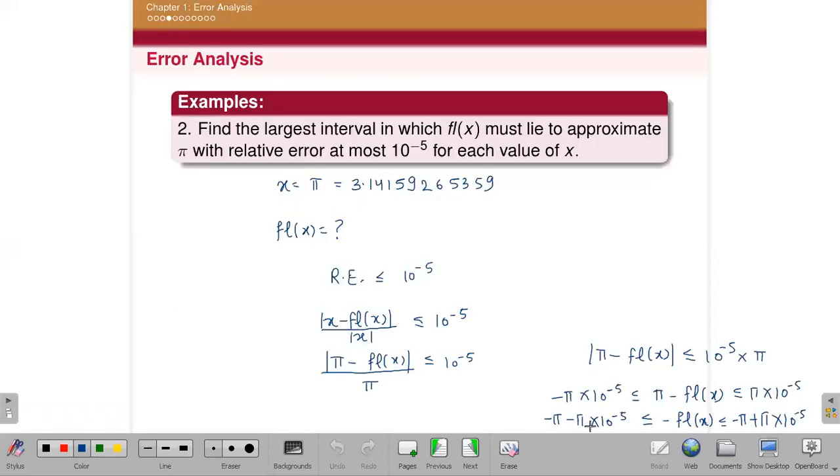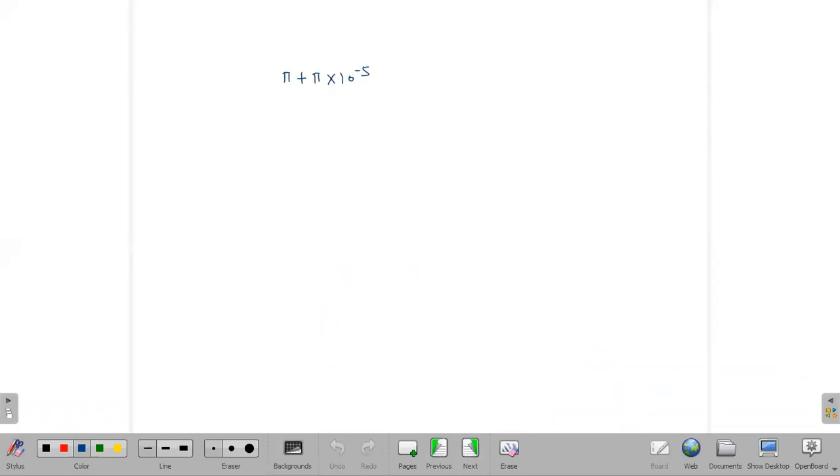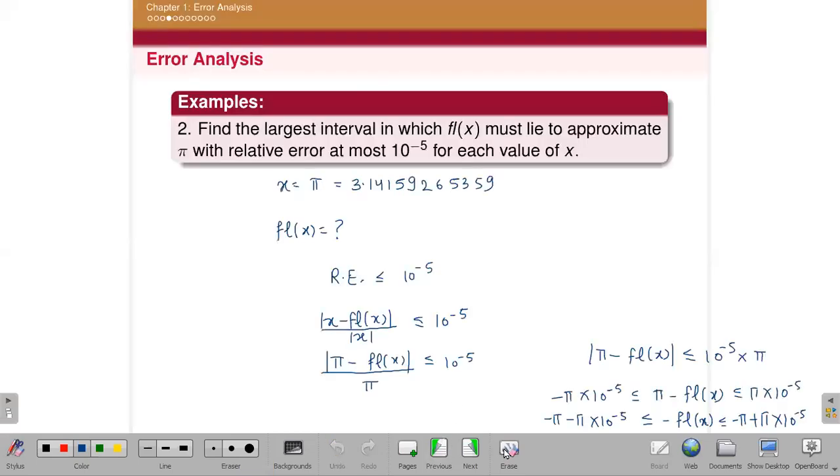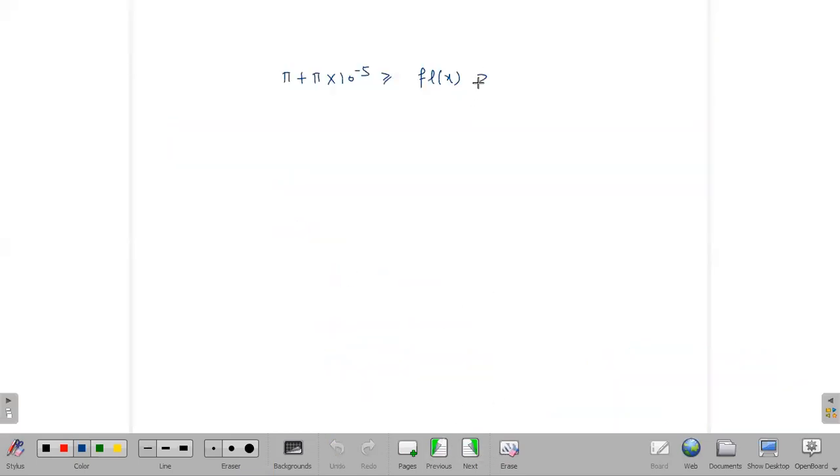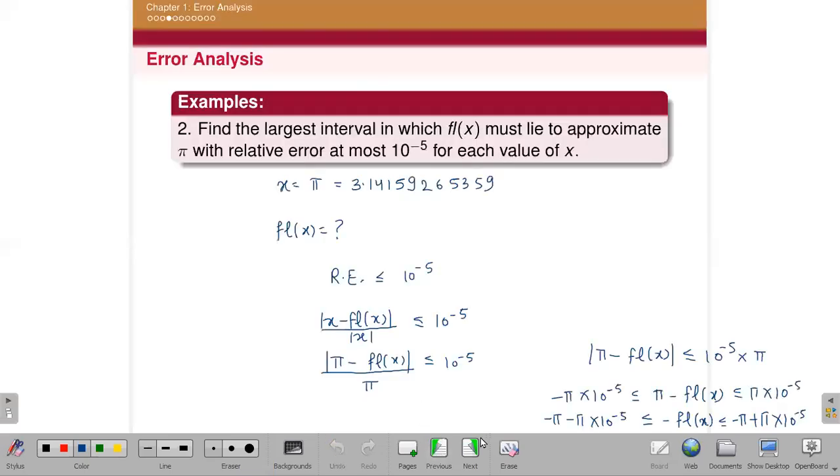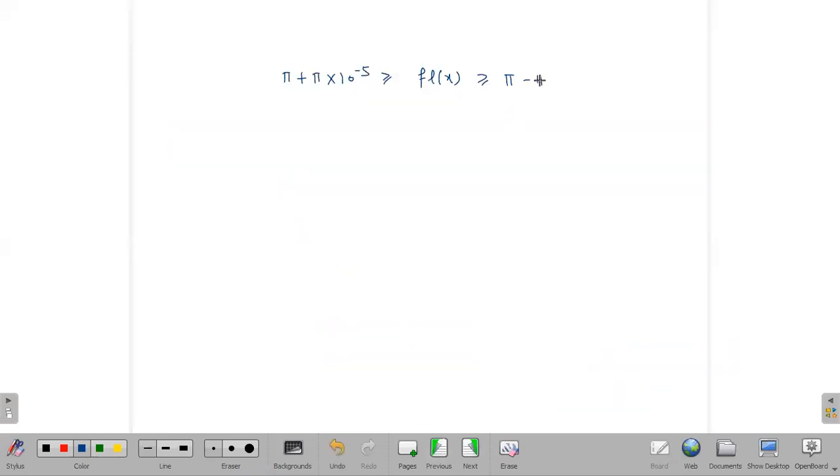Sorry, sign will change to greater than equal to FL of x, then greater than equal to pi minus pi into 10 raised to power -5. So it will become FL of x will lie in between pi minus pi into 10 raised to power -5 and pi plus pi into 10 raised to power -5.